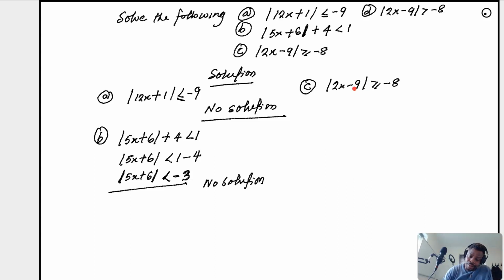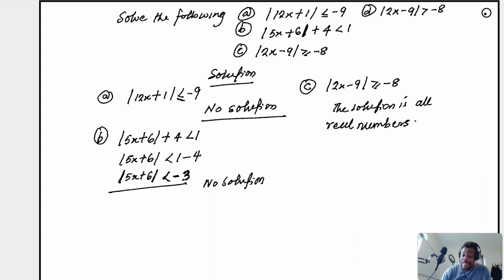This tells me that the modulus of a number is greater than minus 8, which is true, because in the cases that I took, I showed you that whenever you have the modulus of a value being greater than a negative, or greater or equal to a negative, which is the last case, the solution is all real numbers.